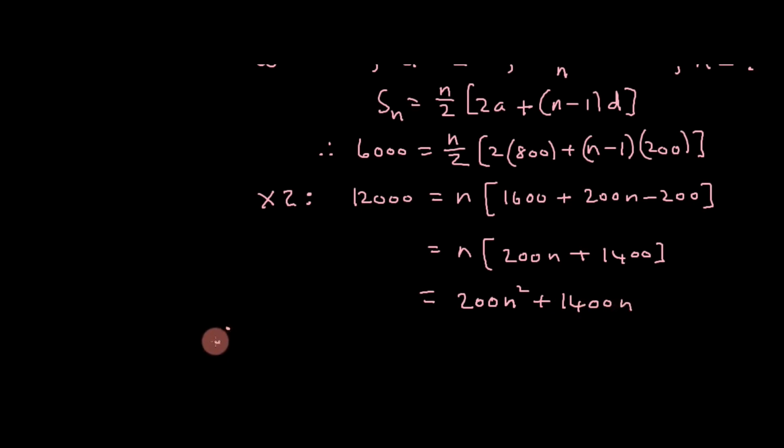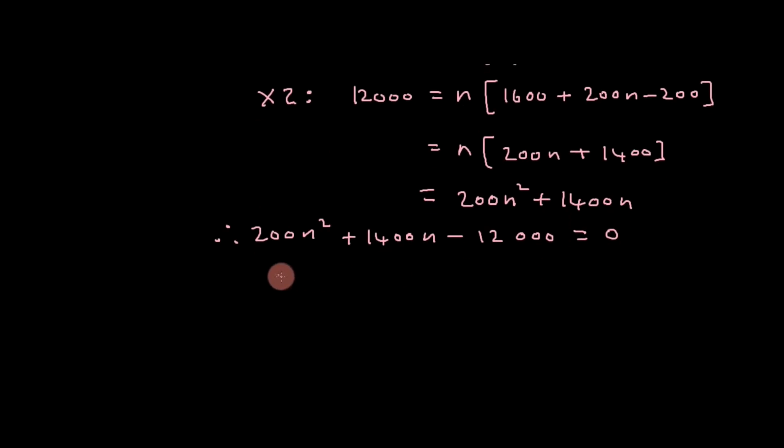Then bringing all our terms to one side. We can simplify a little bit here. We could get rid of two of the zeros in this equation by dividing through by 100 or even 200. So let's divide by 200.